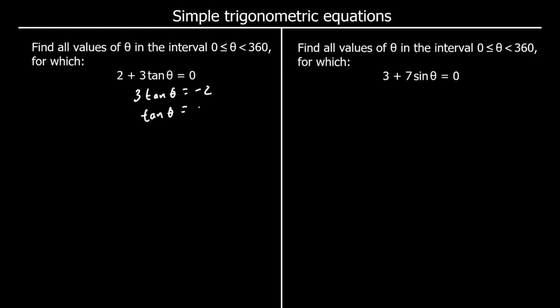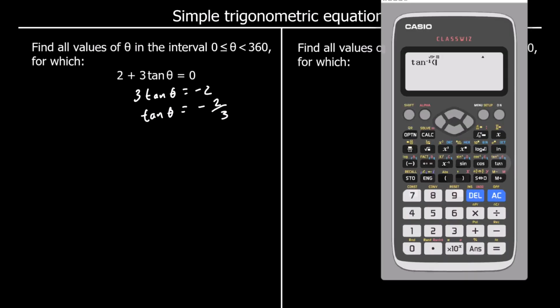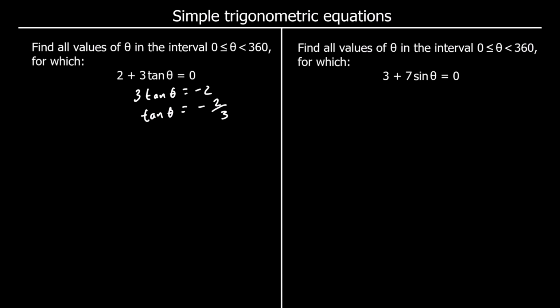So tan theta is negative 2/3. So we'll shift tan to get the first answer. Shift tan minus 2/3, which is negative 33.7. So theta is negative 33.7 degrees. That's not between 0 and 360.